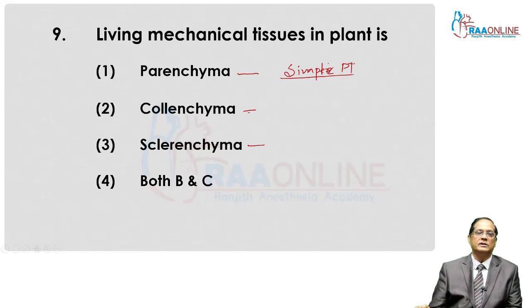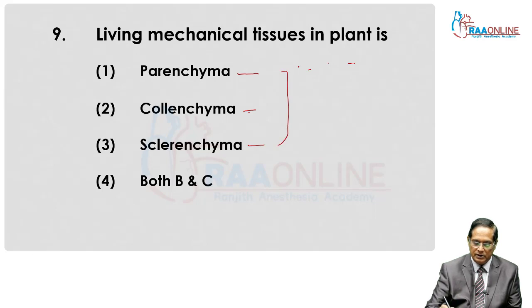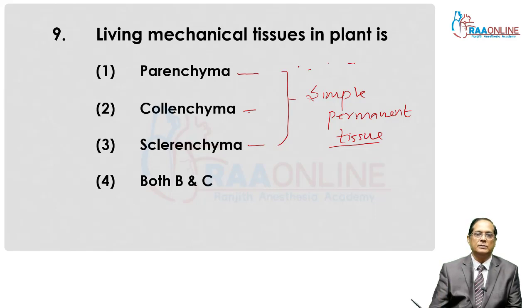These are the three different types of simple permanent tissue of plant.